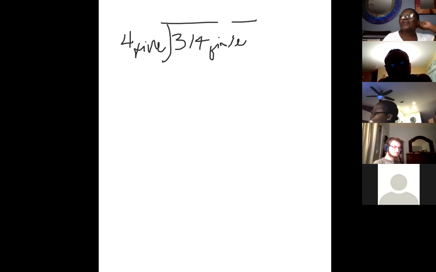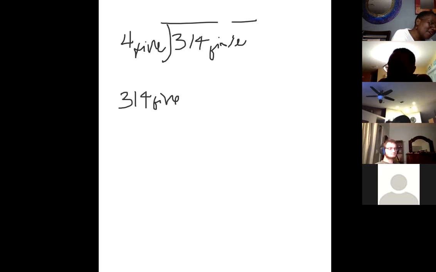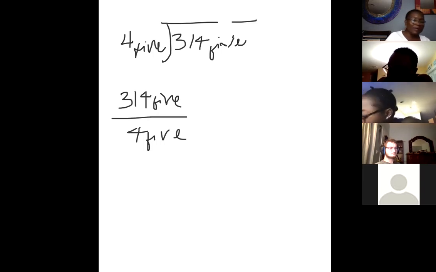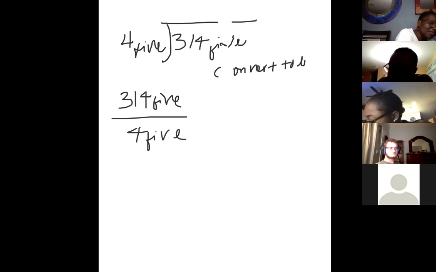All right. So guys, we don't have a chart to do this. So here's how we're going to do it. I am going to rewrite this as 314 base 5 divided by 4 base 5. So what I'm going to do is take this number right here and convert it to base 10.